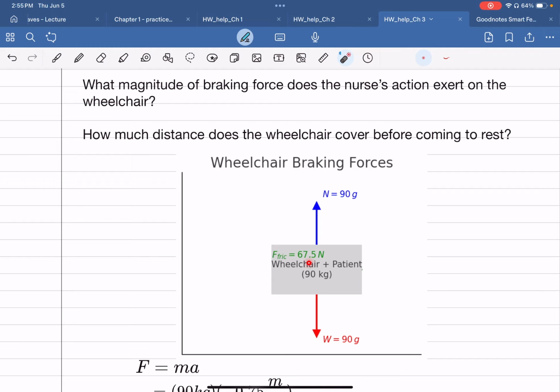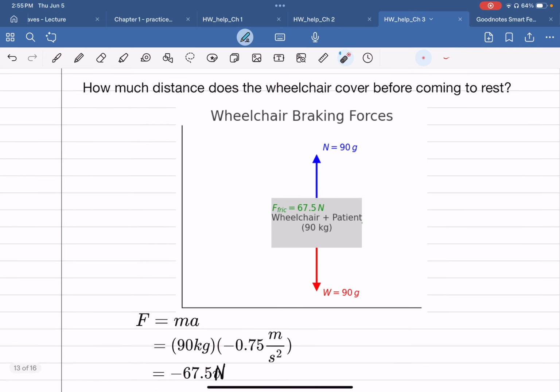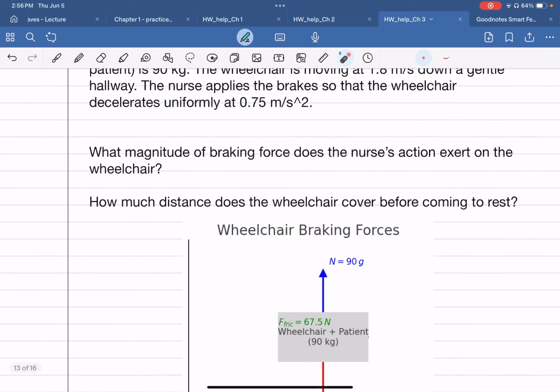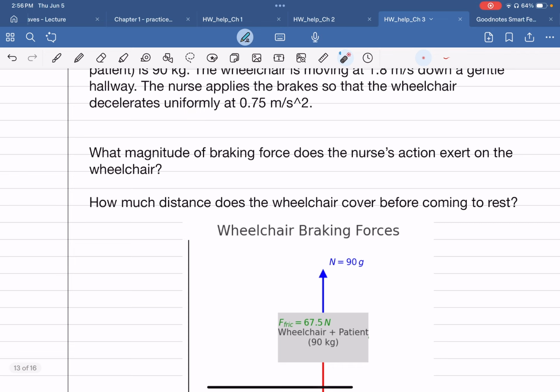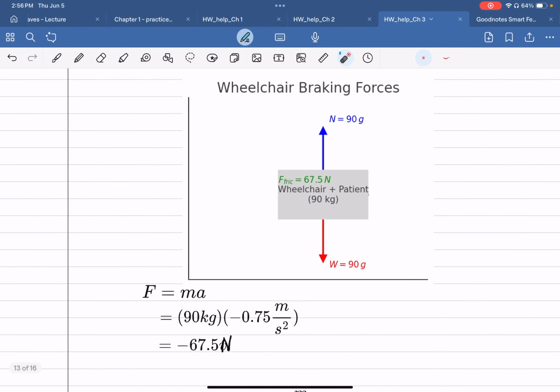The only force on the x-axis is the friction, which is what we're trying to find, and it's surely 90 kilograms times negative 0.75. Why is it negative again? Because it is decelerating. It's slowing down. Whenever an object slows down, the acceleration is taken as negative. Okay, so we got the force.